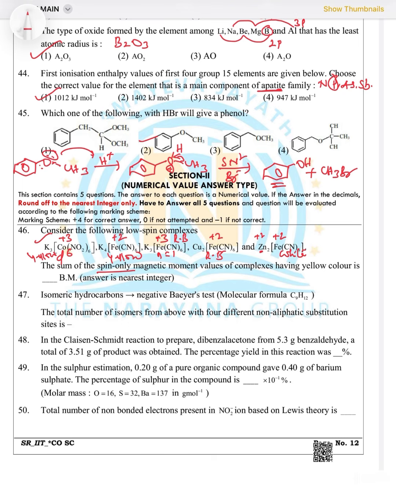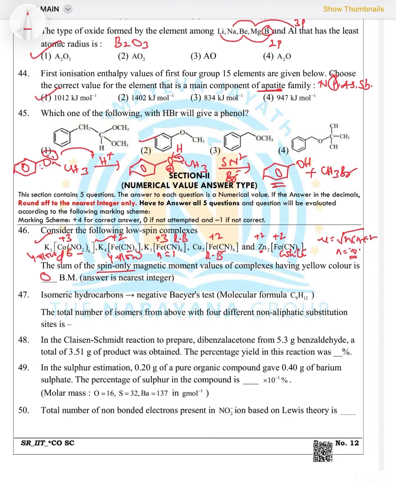We have to select yellow colored ones. The first and second are yellow colored. For the magnetic moment values, because of the strong field ligand, complete pairing of electrons takes place, so 0 unpaired electrons are present. So mu equals the square root of n(n+2), with n equal to 0 unpaired electrons. So 0 Bohr magnetons is the answer.